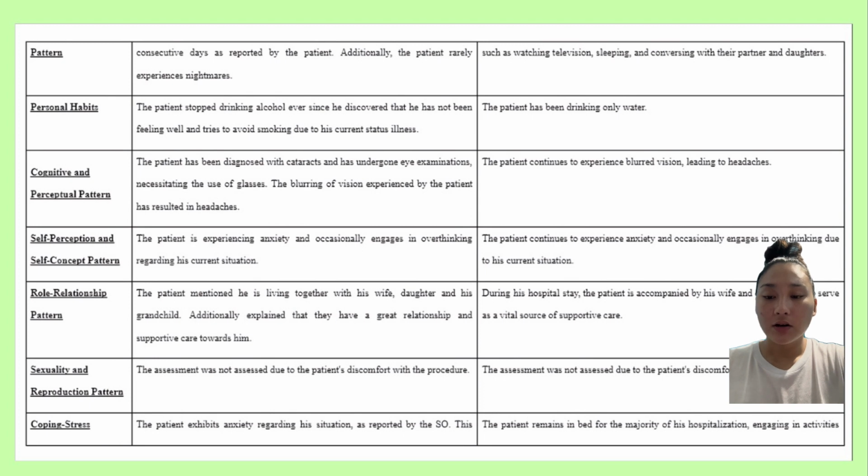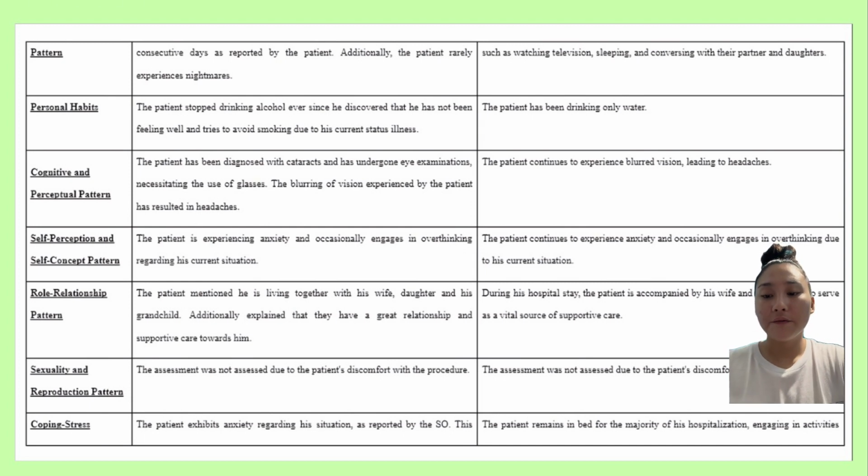Next is cognitive and perceptual pattern. Before hospitalization, the patient has been diagnosed with cataracts and has undergone eye examinations, necessitating the use of glasses. And blurring of vision experienced by the patient has resulted in headaches. And during hospitalization, the patient continues to experience blurred vision leading to headaches.